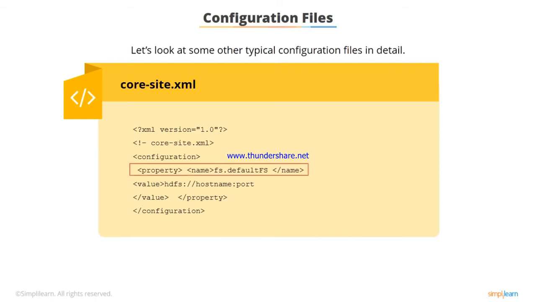With the property fs.defaultFS, you can define the HDFS file system path and specify the location of the name node as shown on the screen. You can also specify the port that the name node will listen to for a remote procedure call or RPC. Note that if no port is specified, the port 8020 is used by default.